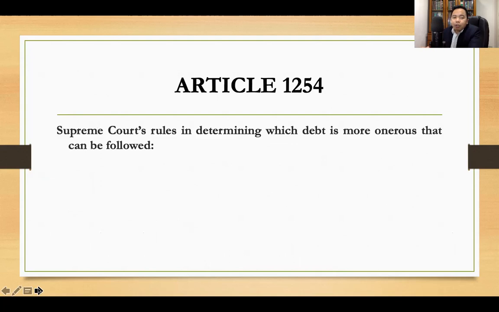Now, the Supreme Court ruled in determining which debt is more onerous than the other. Now, if the loan has interest imposable, then it is more onerous than those loans which have no interest, for example. So interest-bearing debt is more onerous than non-interest-bearing debt.